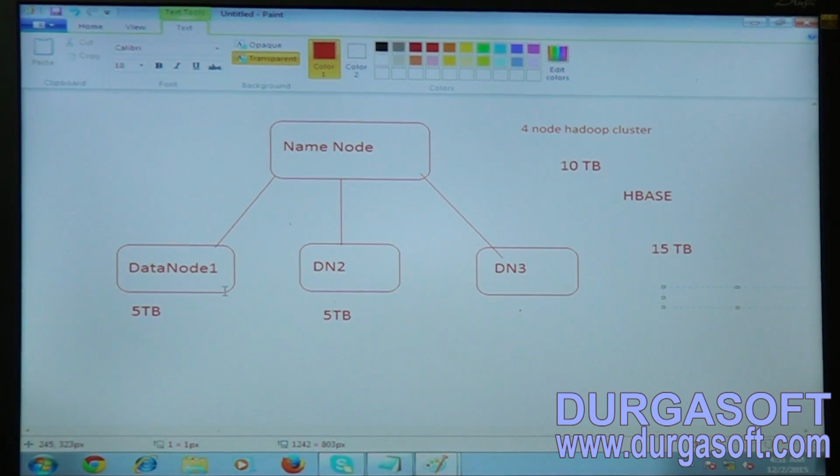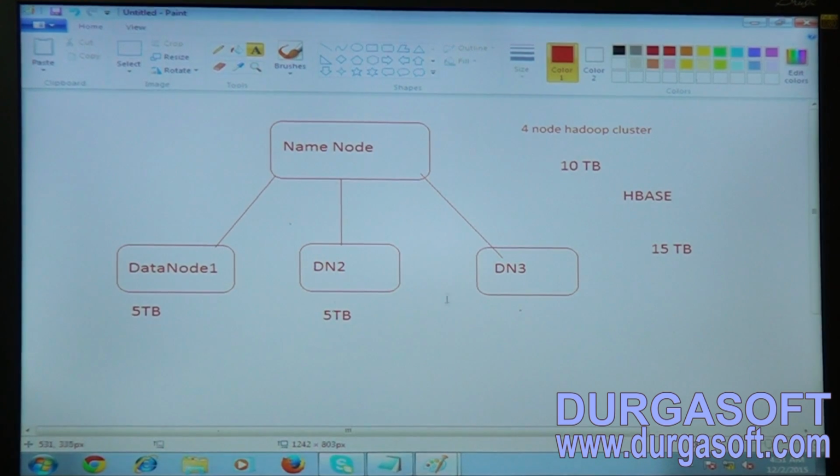How we can address this kind of problem in Hadoop is that we can attach some other server, which may be located in some other area, to the existing cluster itself, so that internally the multiple JVMs that are up and running take care of the load balancing within the cluster.